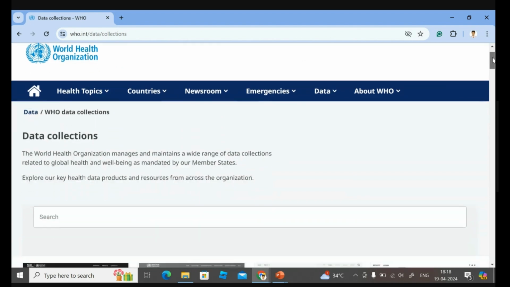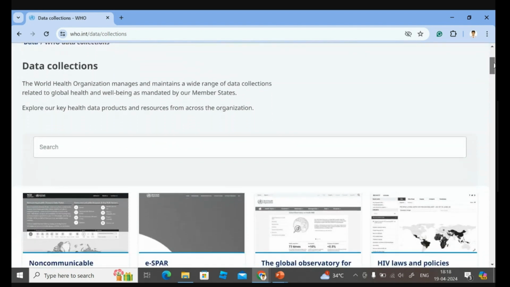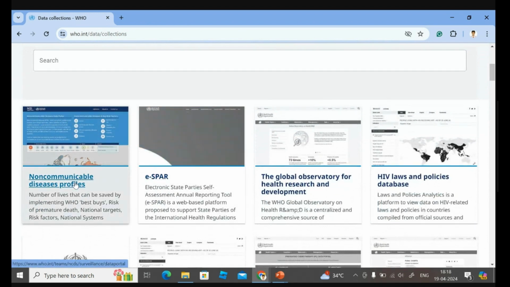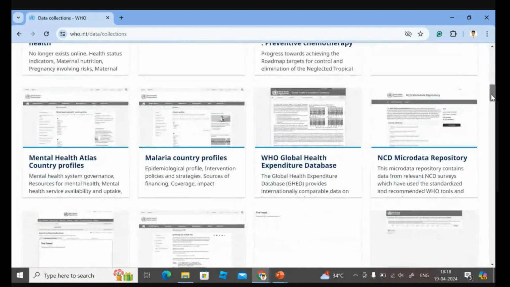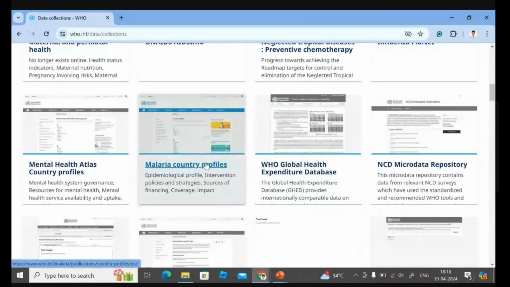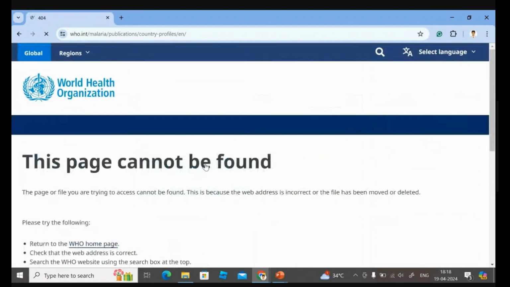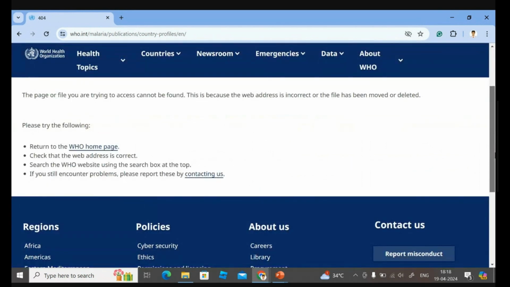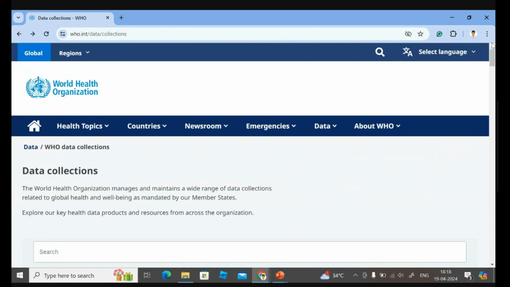So how about the World Health Organization manages and maintains that data? So they are bringing this non-communicable diseases profile. Look at this visualization, HIV laws and policies and so on. So malaria country profile. Let's go here. This page doesn't exist, but it should, because it's an old page. Okay.